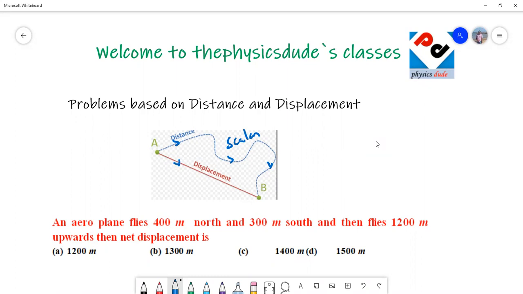Whereas displacement is having the same direction all the time, so it is a vector. One more important point: if the body, after covering a certain distance, comes back to its original position, its displacement is again zero. So keep these points in mind while solving the problems.